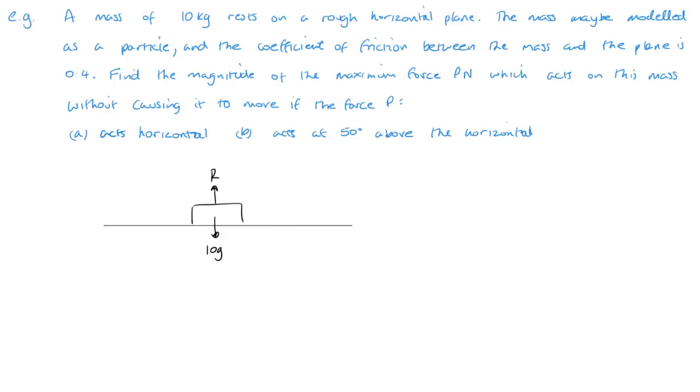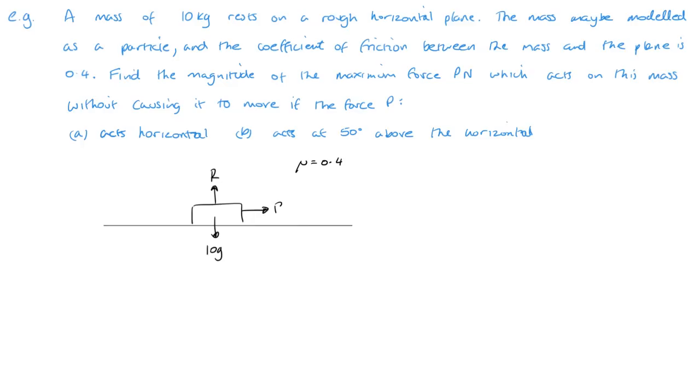The coefficient of friction between the mass and the plane is 0.4, so mu equals 0.4. Find the magnitude of the maximum force P newtons which acts on this mass without causing it to move if the force P acts horizontally. So if the force P is going to act horizontally, then I'll pick a direction.